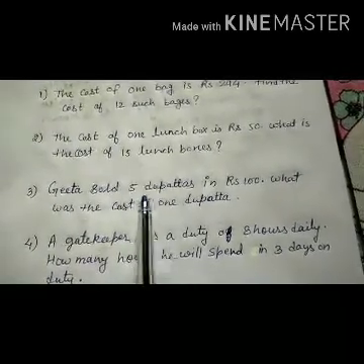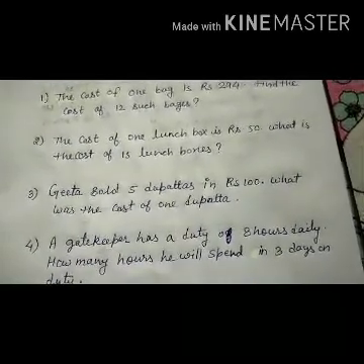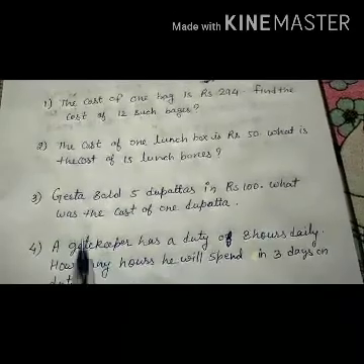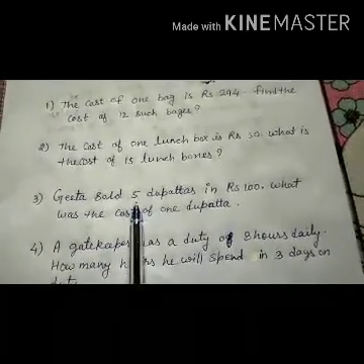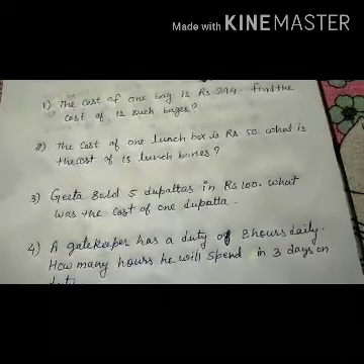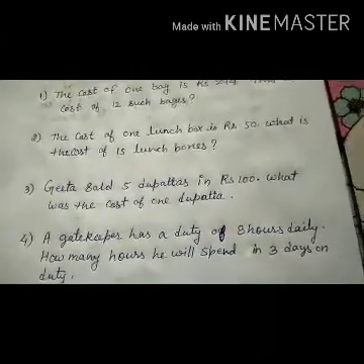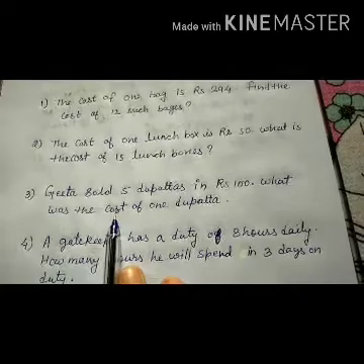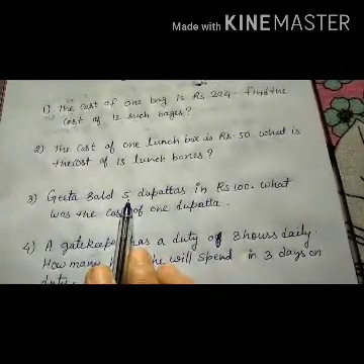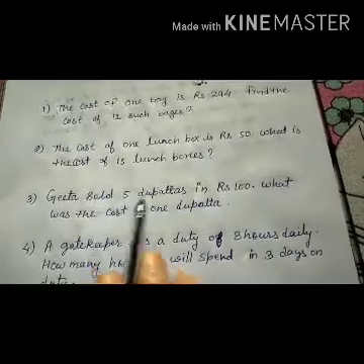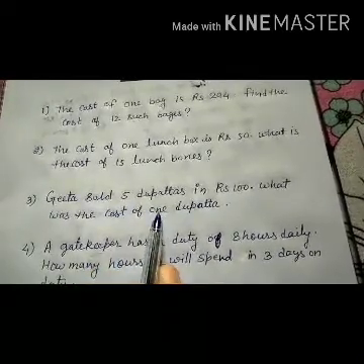Geeta sold 5 dupattas for rupees 100. So what was the cost of one dupatta? How many dupattas here? 5 dupattas we have. And find out the cost of one dupatta. So we have the price of more objects and we need to find out the price of only one object.